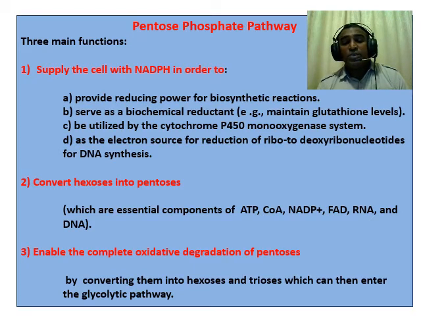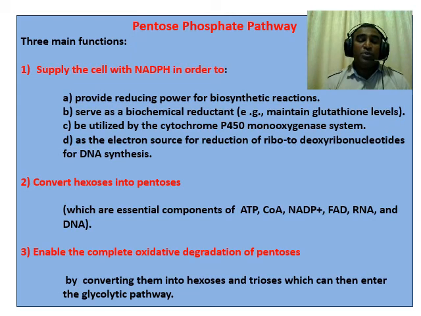In terms of conversion of hexose into pentoses, of course, apart from NADPH, it also makes ribose 5-phosphate, and this is used in forming the components of ATP as well as other coenzymes, the sugar part of these coenzymes itself, as well as nucleic acid.